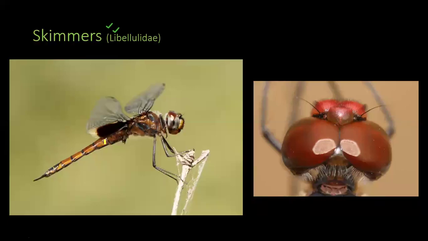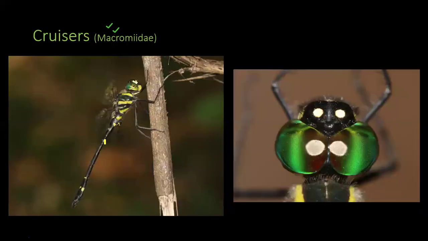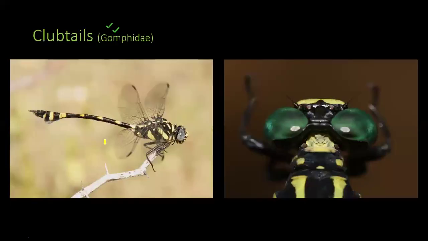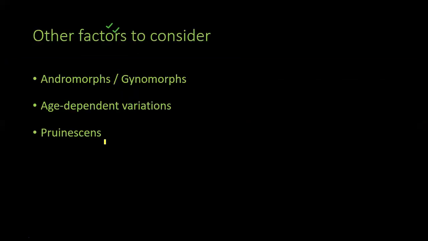But these are very generalist dragonflies worldwide. They prefer open places. If you look at the compound eyes, only part of their eyes meet in the middle, just like macromiids. So they both have these characters, whereas only the darners have this more elongated contact between the eyes. Right.